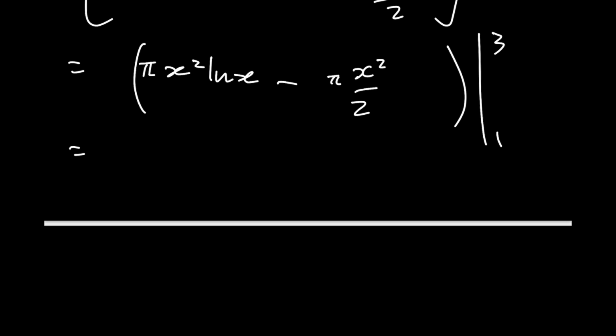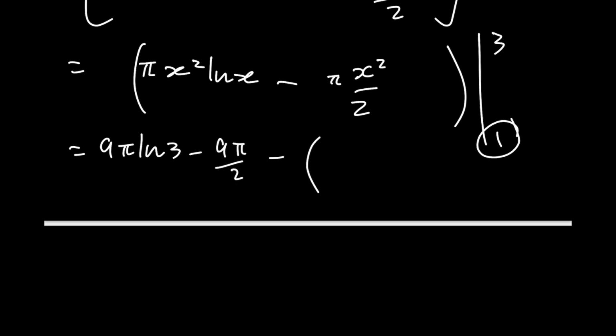First substituting in 3, we get 3 squared, which is 9, so we have 9 pi times the natural log of 3, minus 3 squared again, which is 9, so that's 9 pi over 2. Now we subtract when we substitute in 1. We get 1 squared, which is 1, so that's pi times the natural log of 1, minus 1 squared over 2, so that's pi over 2.